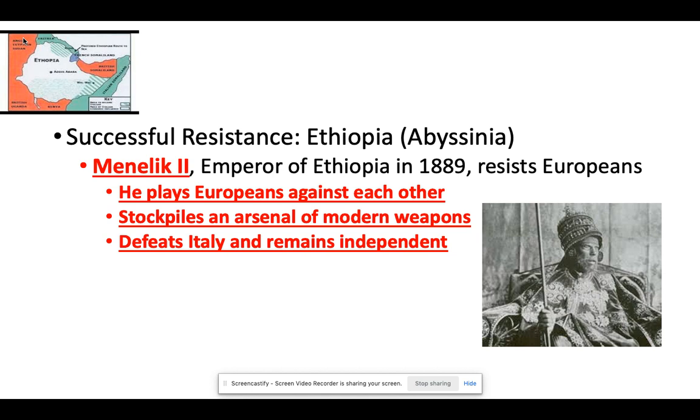And while he's doing this, he's also stockpiling an arsenal of weapons, purchasing guns from the French and the Russians, because the French do not want the Italians to get it. And they also really don't want the British to get a hold of it either. So they're selling Menelik II weapons. And then Italy thinks, oh, I know what I can do.